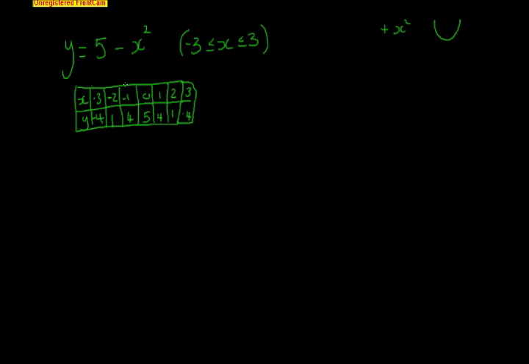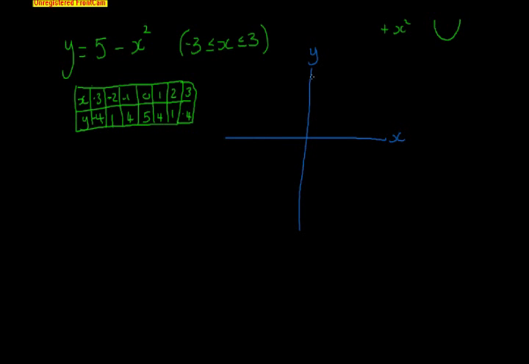If you notice here, x equals 0 is our highest point, and then we get the same values for positive x as we did for negative x. Okay, now just drawing my axes, y and x.